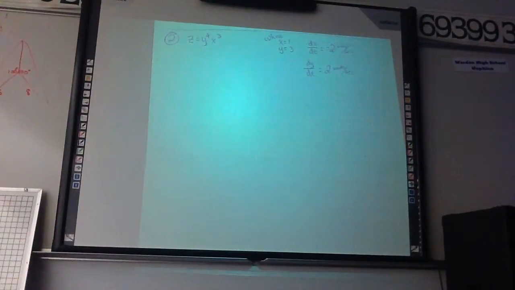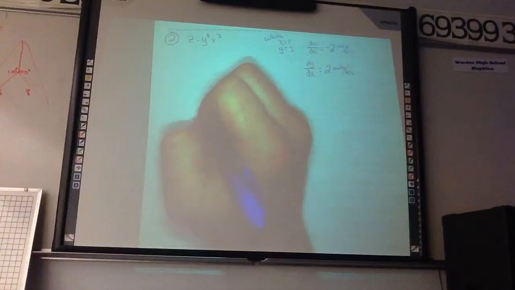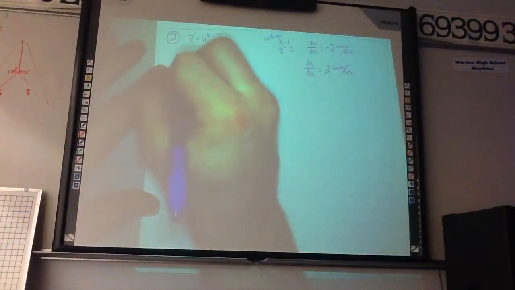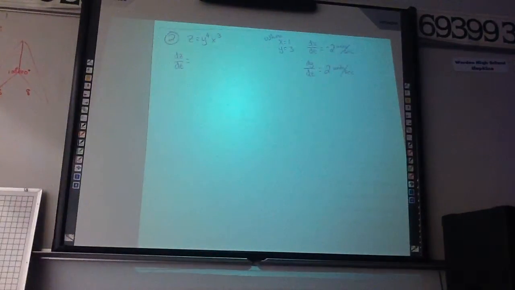Now the challenging part is doing the derivative of the original with respect to time. So what's the derivative of z? dz over dt, yes. What's the derivative of the right side? Product rule.